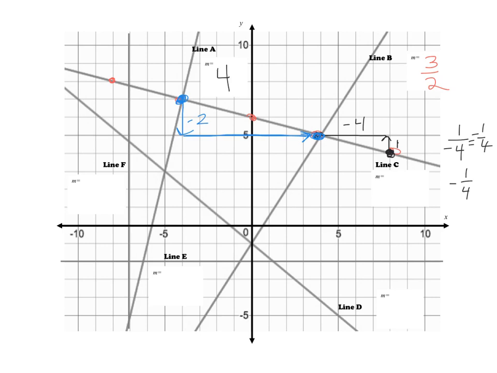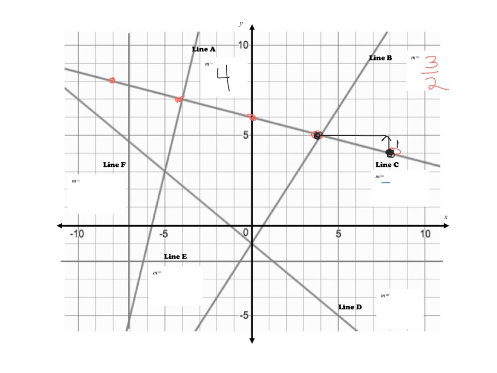And then you go to the right. Going to the right, if you count that, starting here, it would be 1, 2, 3, 4, 5, 6, 7, 8. So that would be over 8. So that would be -2 over 8, which you would have to reduce, which means that my slope here is going to be -1/4.